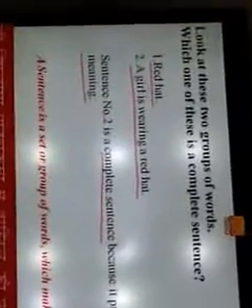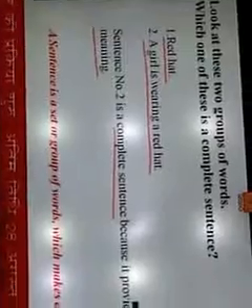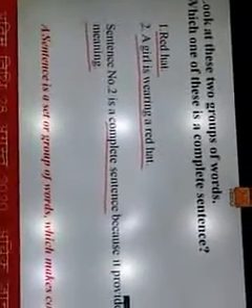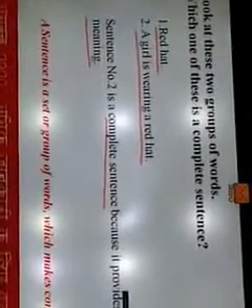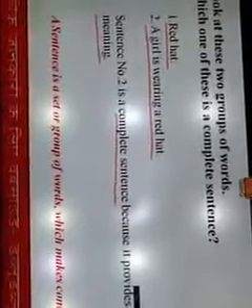The sentence number 1 is not giving a complete meaning. So what is a sentence? A sentence is a set of or group of words which makes complete sense.